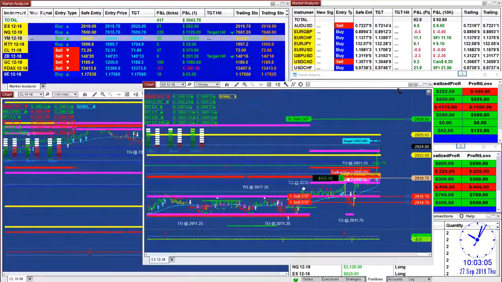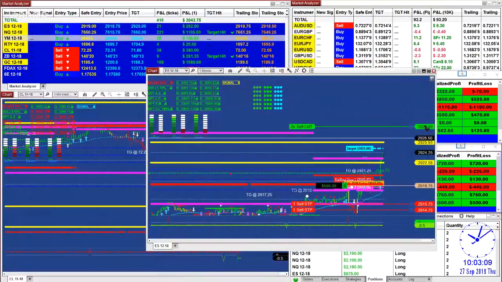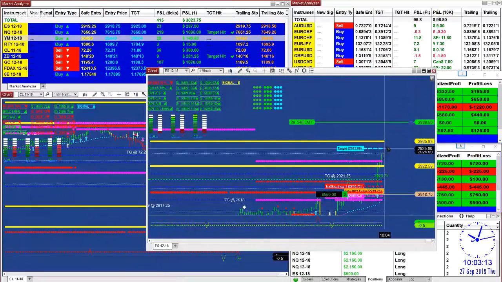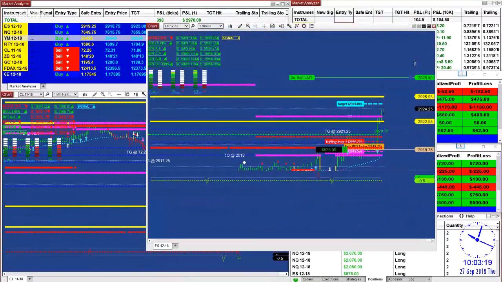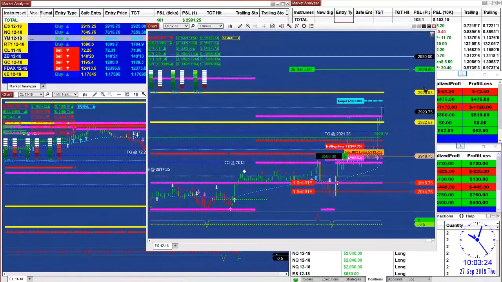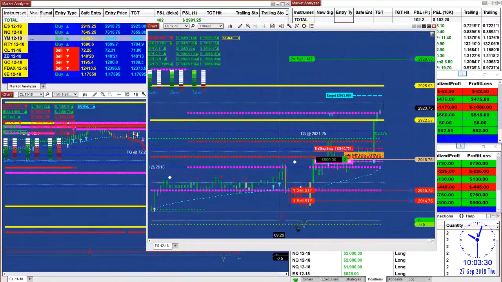So there is nothing anymore. The ES hit the target, and we are into the yellow area here. If you are not on a trade with the ES, you should not be taking any more trades. It's finished. It's over. The target is 29.25, and this is it.